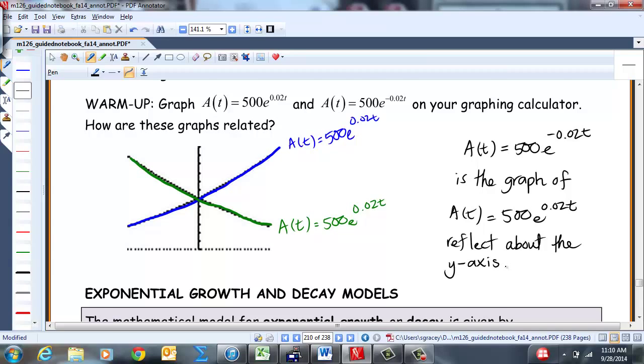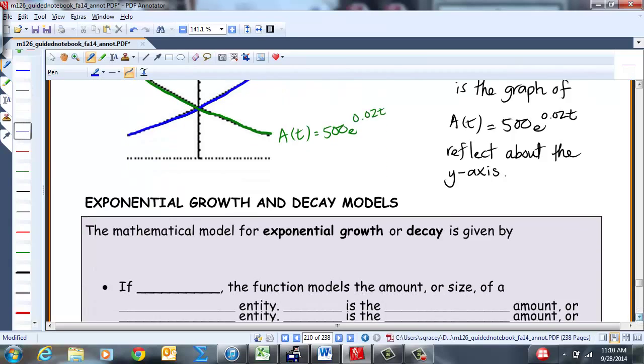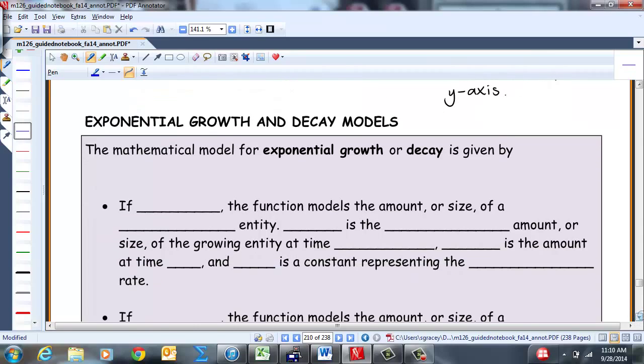All right, so let's check out these exponential growth and decay models. Now, the cool thing about these models and the confusing thing about these models is they use different notation, but it's really all the same thing.